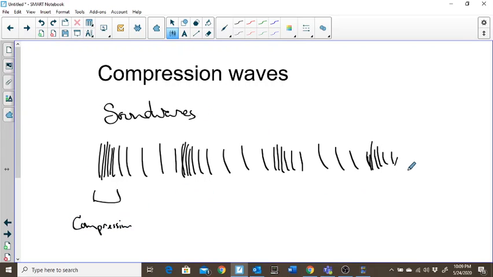If this was in air, it would be the particles of air that are getting pushed together. The area where the particles are being pulled apart, or where the spring is pulled apart, is called a rarefaction. If we wanted to talk about the wavelength, we would measure from compression to compression.